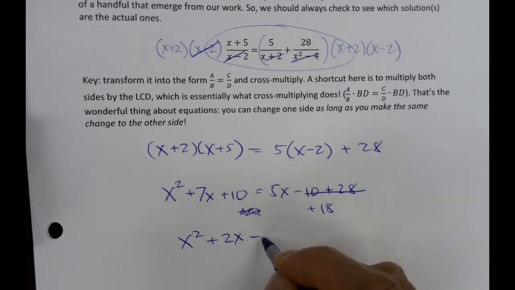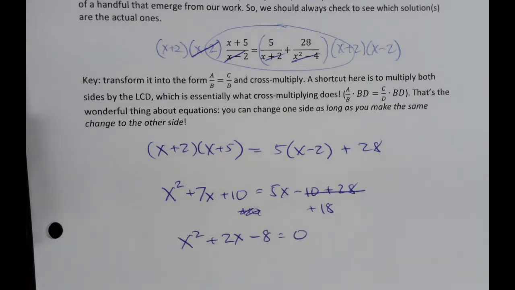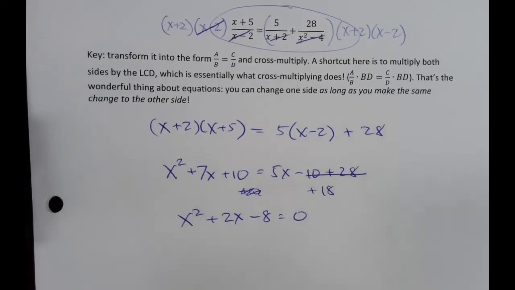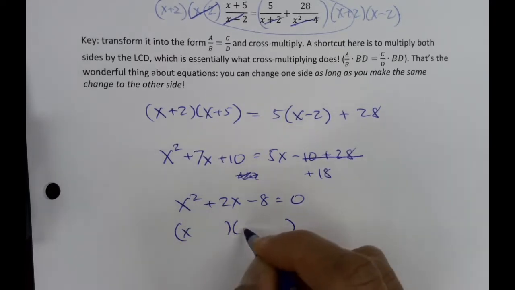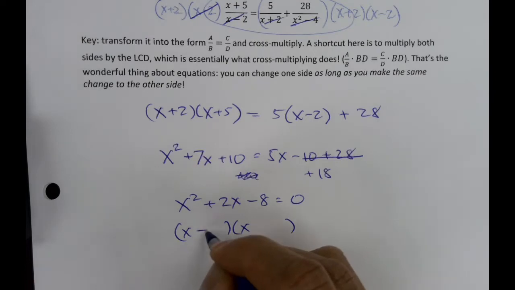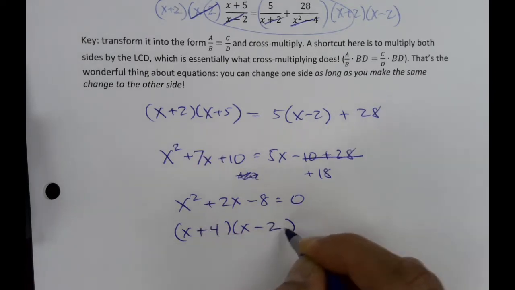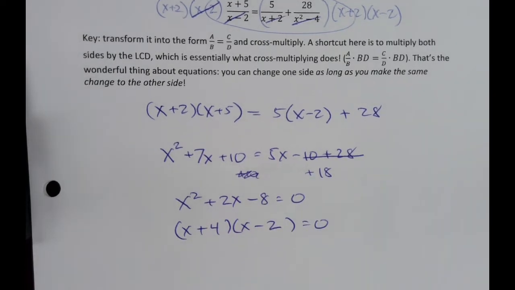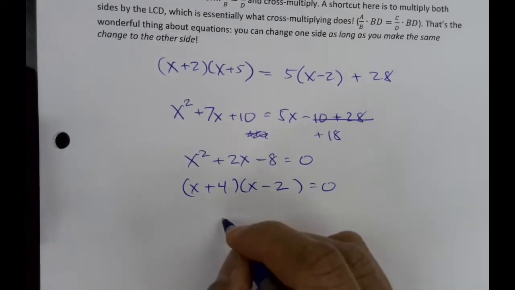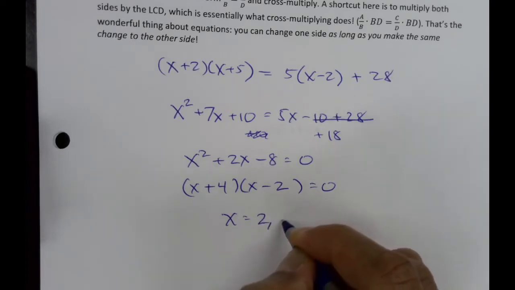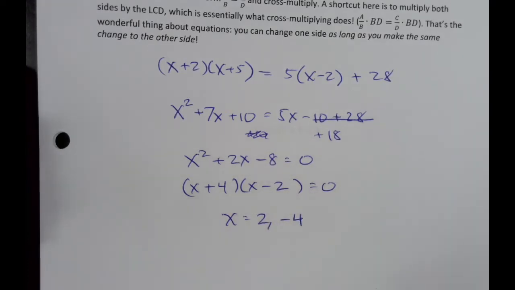And so if I subtract 18 from both sides, this is what I end up with. And I think we can factor this by looking. That will get me negative 8 and plus 2x. So x is 2 or negative 4.